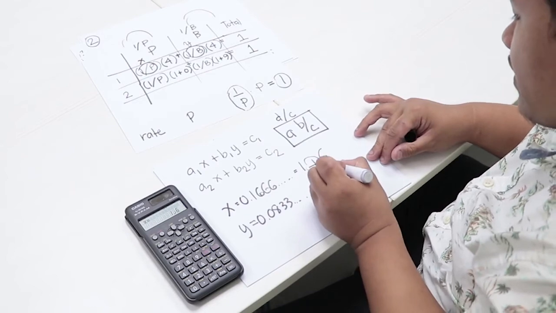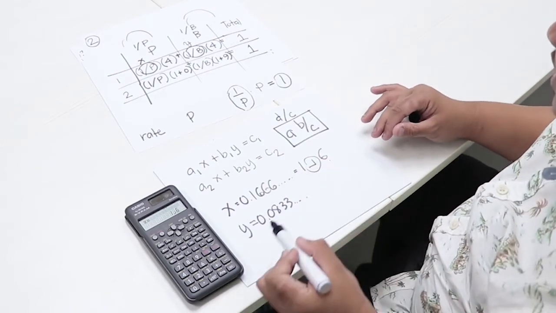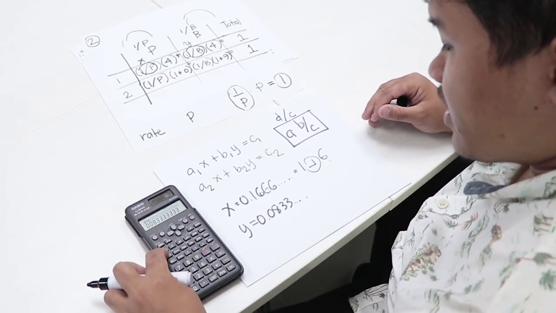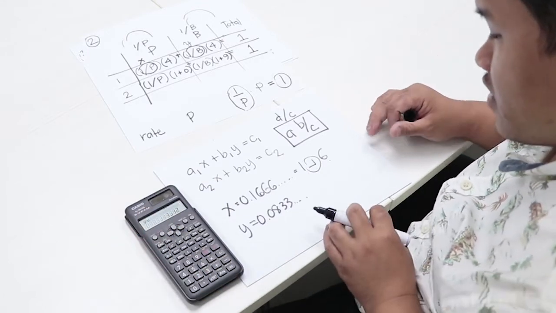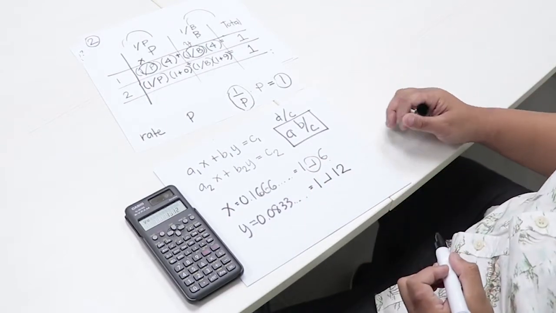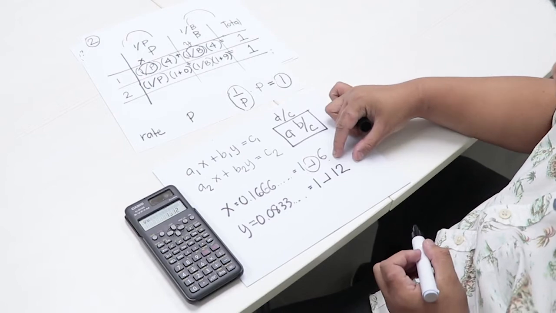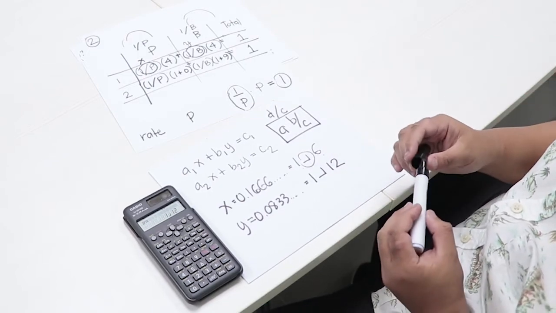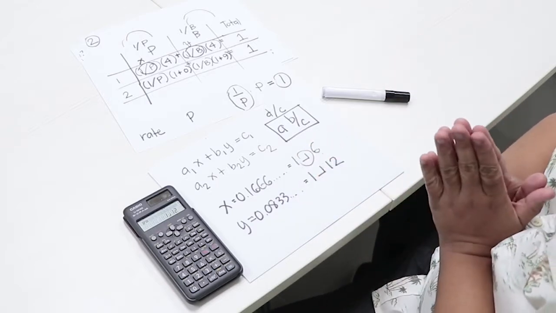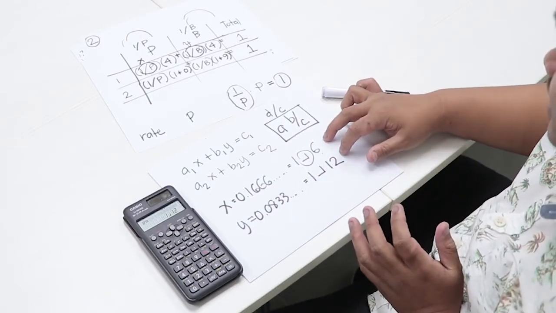So, this is 1 over 6. Ibig sabihin. And for the second one, if you press yung A, B over C, the display becomes 1 over 12. So 1 over 6 and 1 over 12. And we can see that the fraction forms are exact. Okay? So, mag-stick tayo dito sa formula.